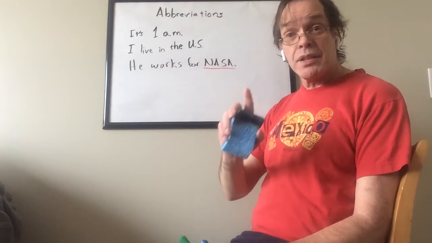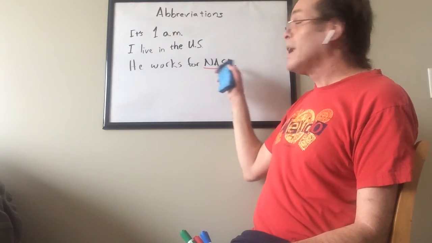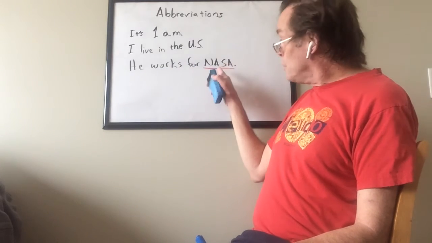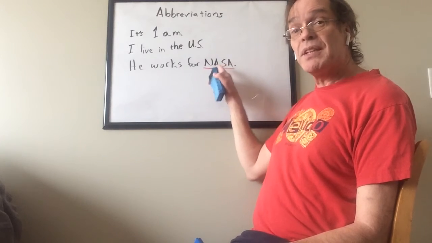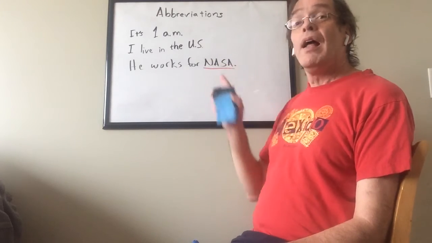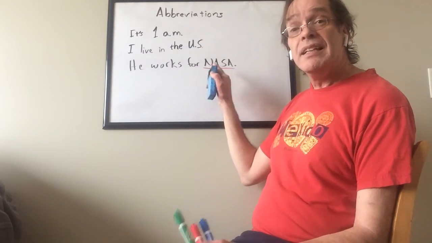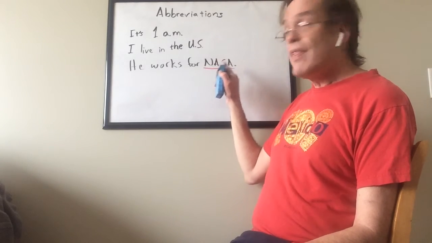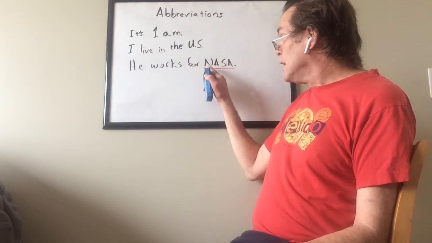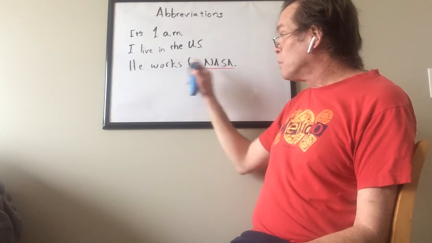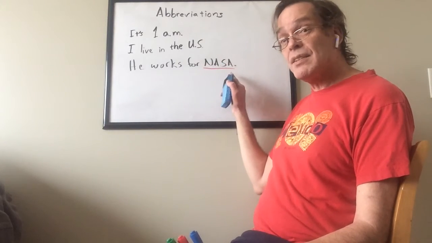Now, the next sentence has a special case to it. He works for NASA. Now, notice that NASA does not have periods after each letter. The reason for this is because NASA is an acronym that is said as a word. So you do not say N-A-S-A, it's just said as NASA.